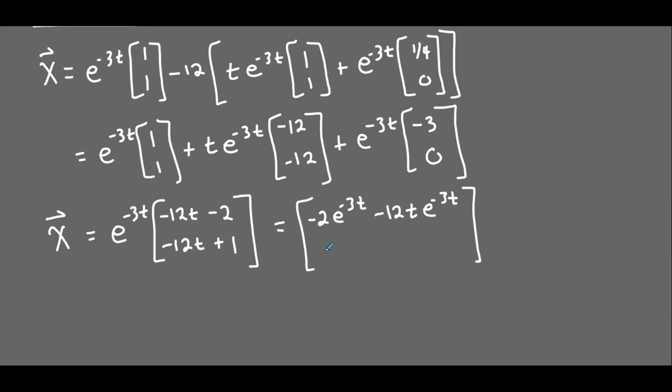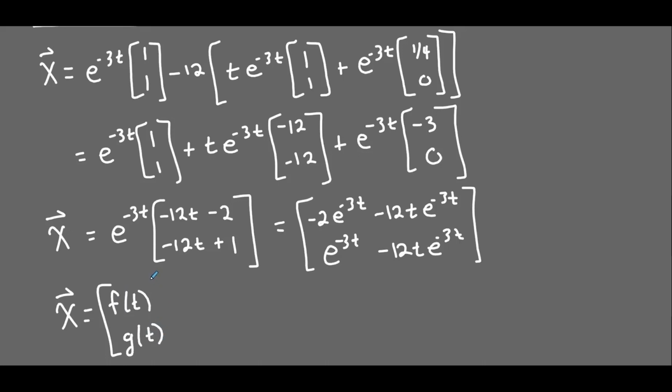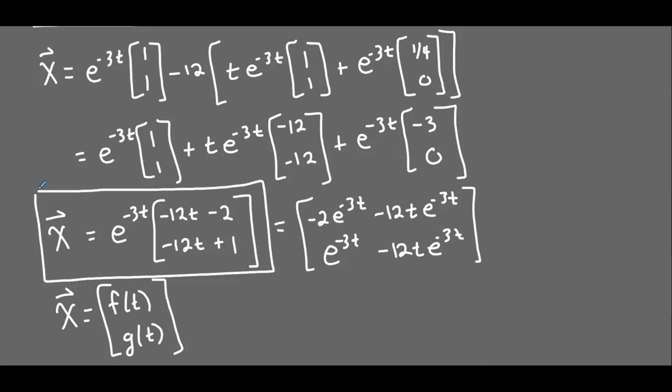And then on the second one, we get e to the negative 3t minus 12t e to the negative 3t. You can think about this x as having, say, two functions, right? f and g, or x and y. It's got two functions that you're trying to solve for. So these would be the two solutions that satisfy the system. But I kind of like this one the best. All right, hope this helps.